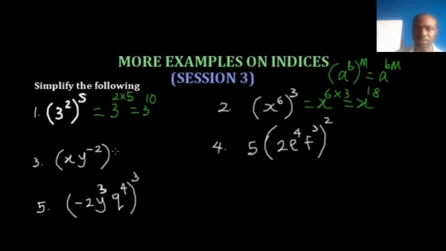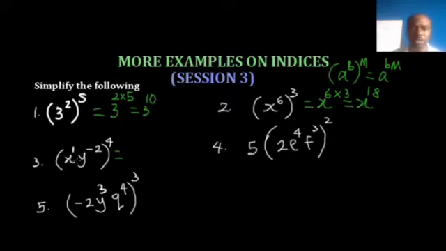Now question 3. Look at question 3 very well. Oh, we didn't put anything here. Let's assume that we have raised to power 4 here. Now question 3, we have nothing here, but anytime there is nothing on a base, it means there is 1. Is that okay?